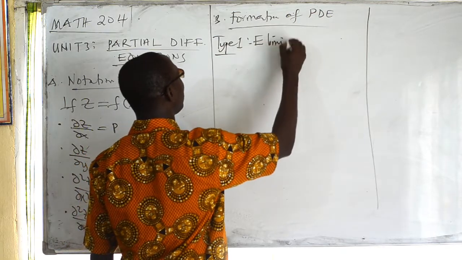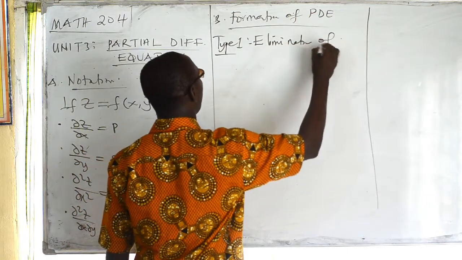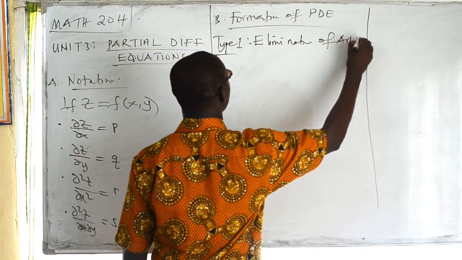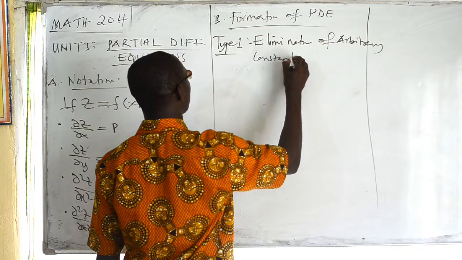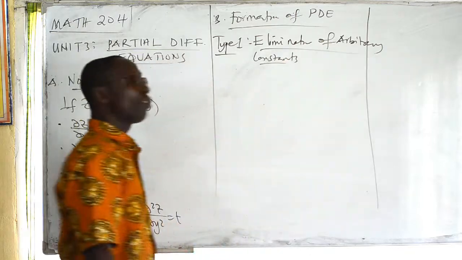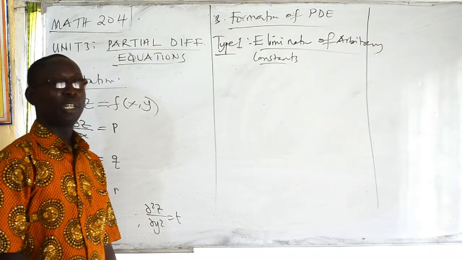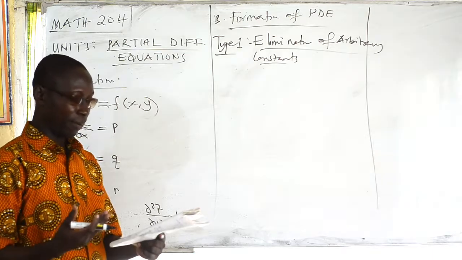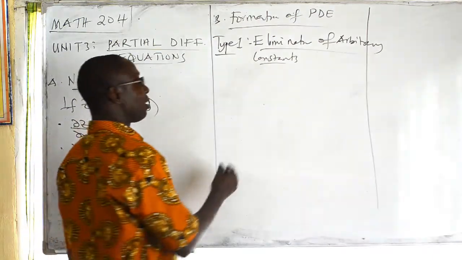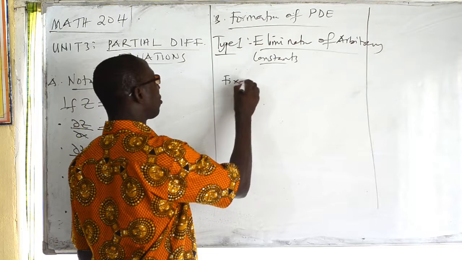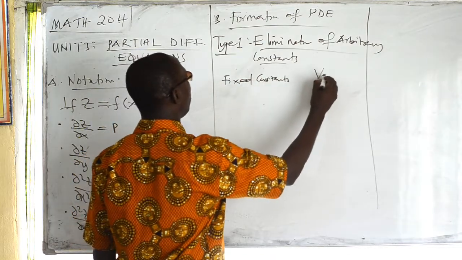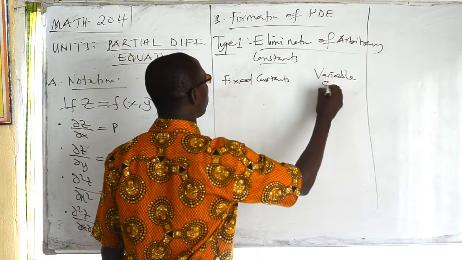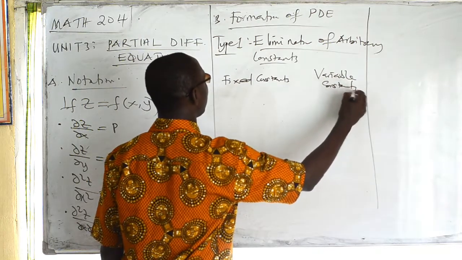Elimination of arbitrary constants. But before we do elimination of arbitrary constants, let us know the types of constants we have. There are two types of constants. We have fixed constants and variable constants.